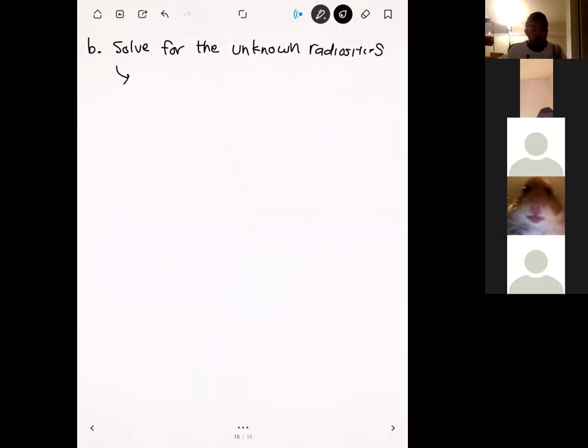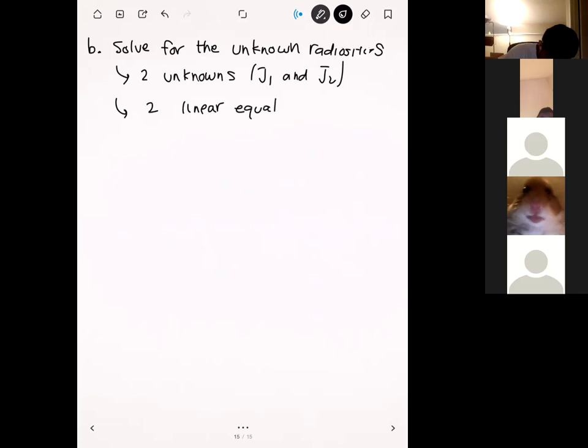For this particular problem, we have two unknown radiosities, and since we have two unknown radiosities, we're going to need two equations. The two equations are going to come from summing up all of the radiation that comes into the J1 node, and then summing up all the radiation that goes from the J2 node.